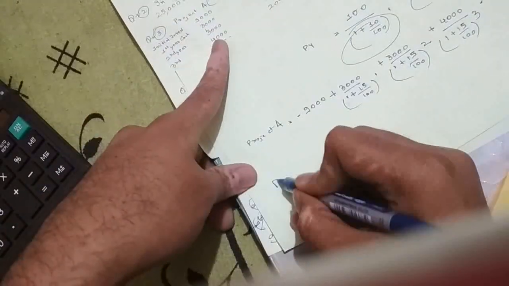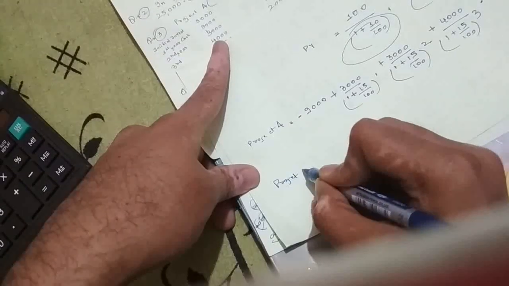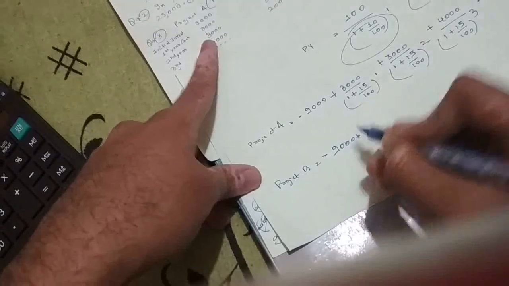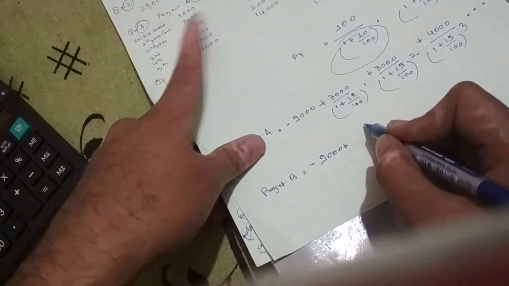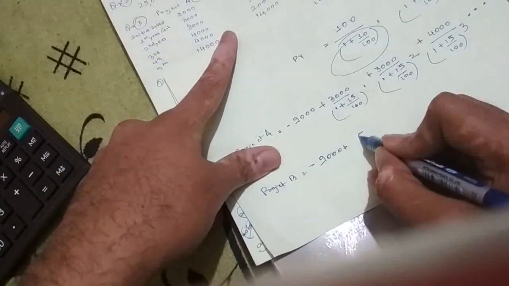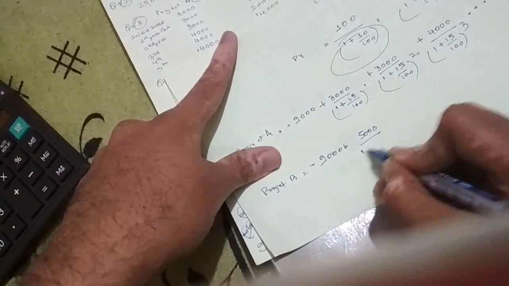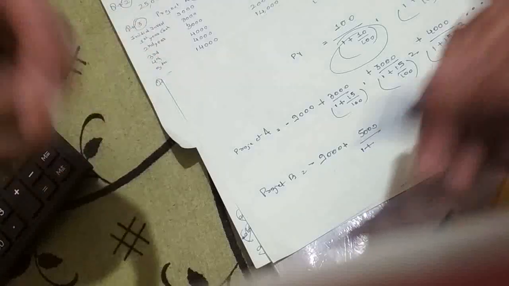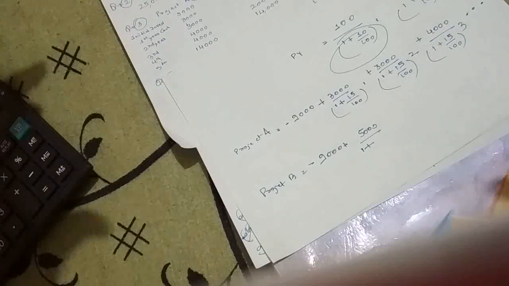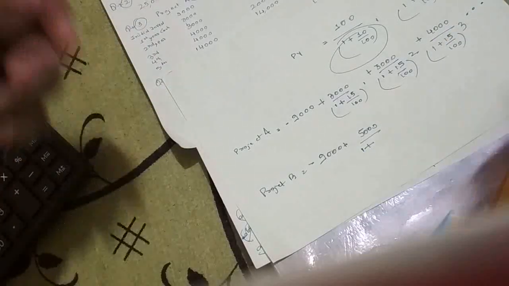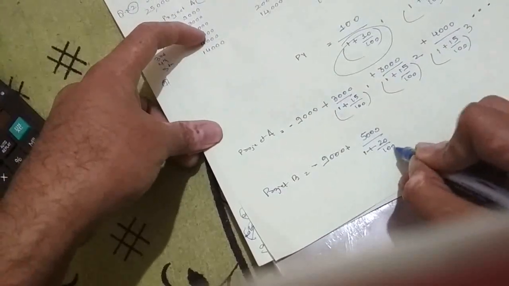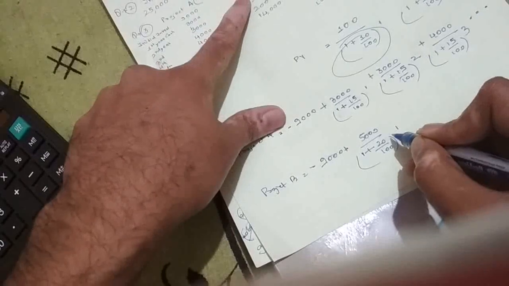And for project B, similarly you have to write like this: 9,000 is the initial investment, and the first cash flow is 5,000. 1 plus, here the rate is 20%. In project B, you are getting 20% as the overall interest in the project. So you will write 20%, and it's for 1 year since you are getting the first year.